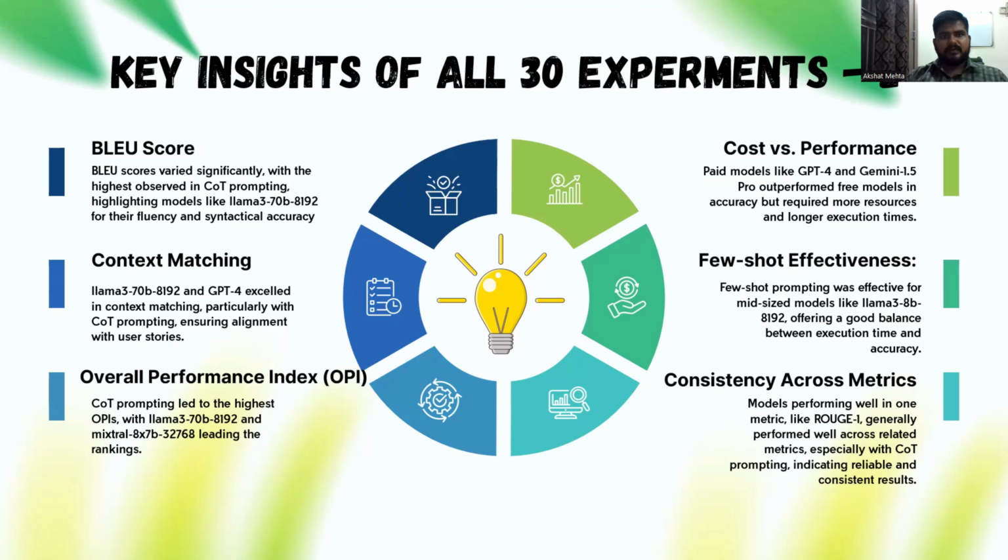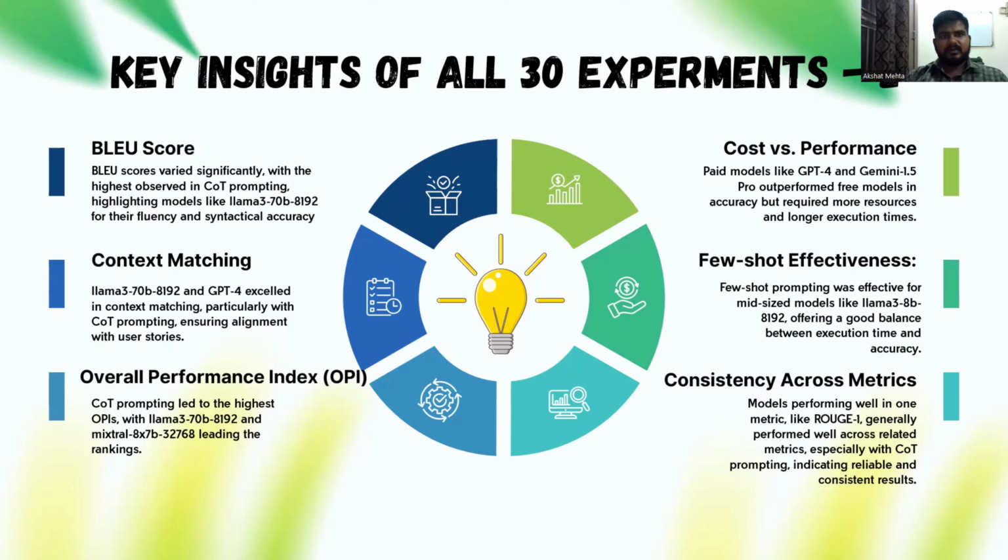Next, cost versus performance. While paid models like GPT-4 offer higher accuracy, they also demand more resources and time, underscoring the cost-accuracy trade-off. Next, few-shot effectiveness. This prompting was particularly beneficial for mid-sized models like Llama 3 8 billion, providing a good balance between resource use and accuracy.